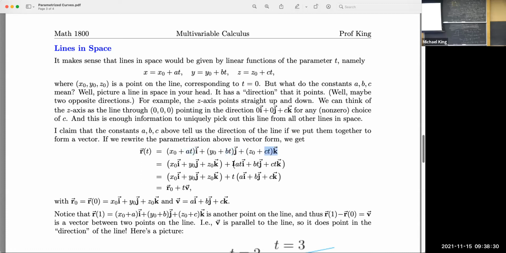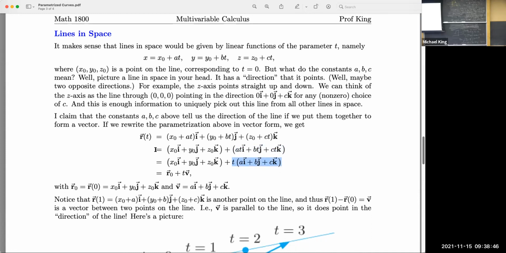So you break those up like that, which is kind of going backwards from the step that we just did here. And then you factor out the t. You factor the t out of here and you get that. Right, then you can actually see it's the same thing. You get r naught plus tv.